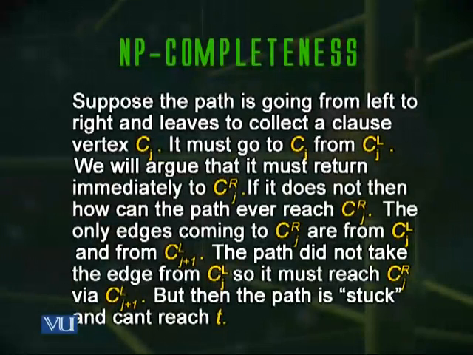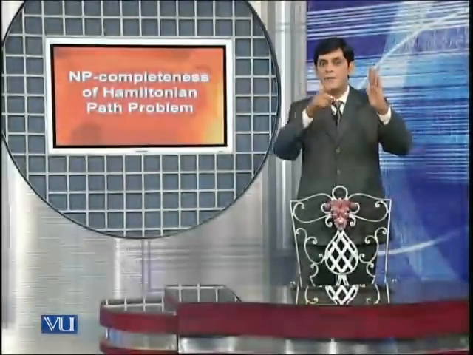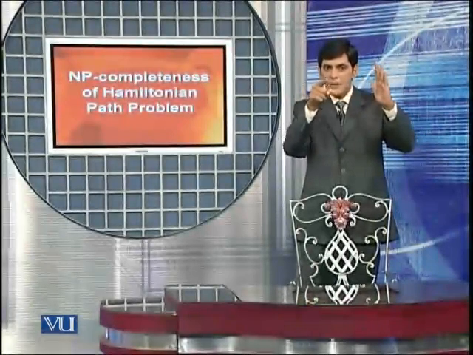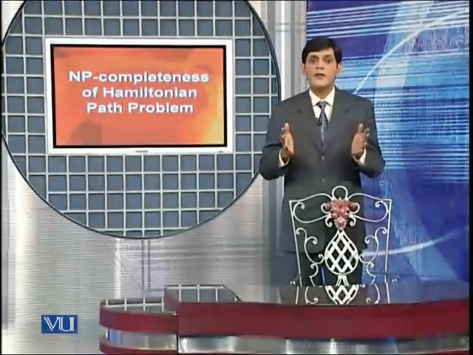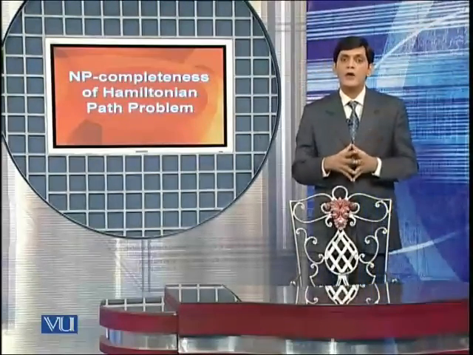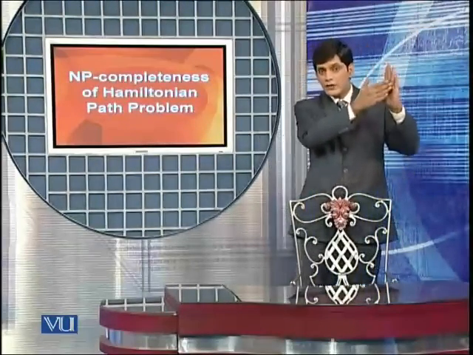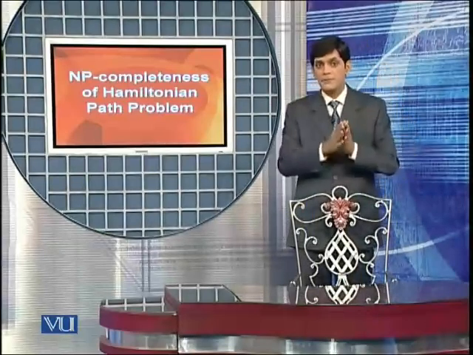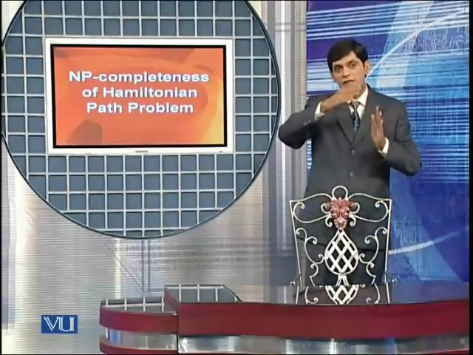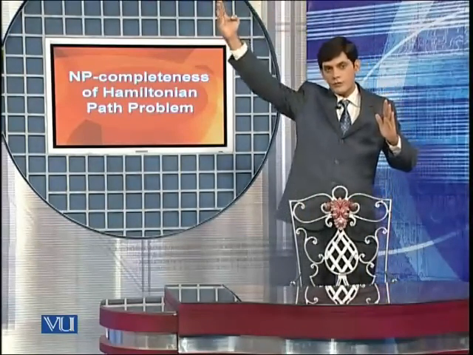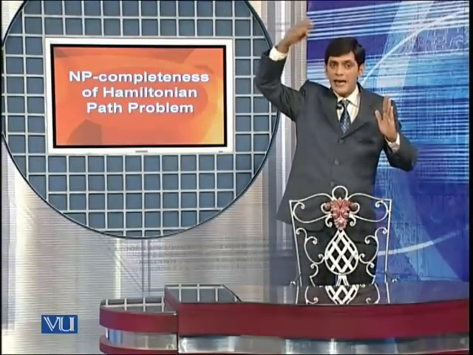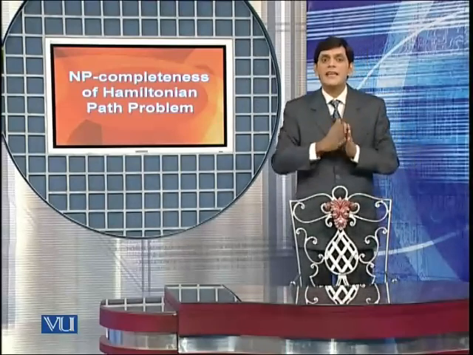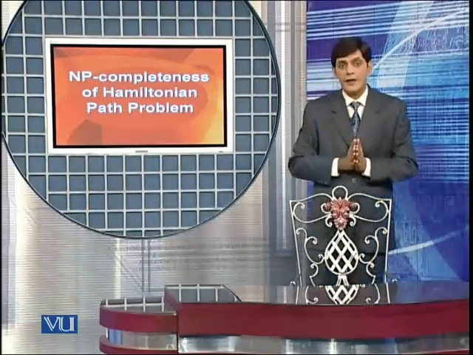Of course, if a path goes along a diamond from left to right, it can never come back if it is a Hamiltonian path, because a Hamiltonian path is not allowed to repeat vertices. So this path must keep moving forward. Well, what can it do? It can jump from there to some clause vertex. Now, if it comes back to the next vertex, then it's just a normal path and it will continue going.